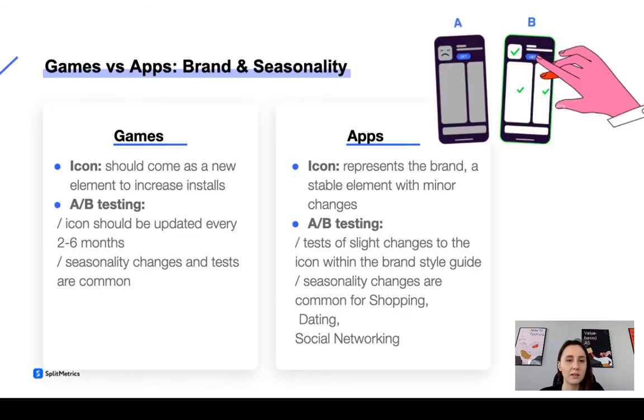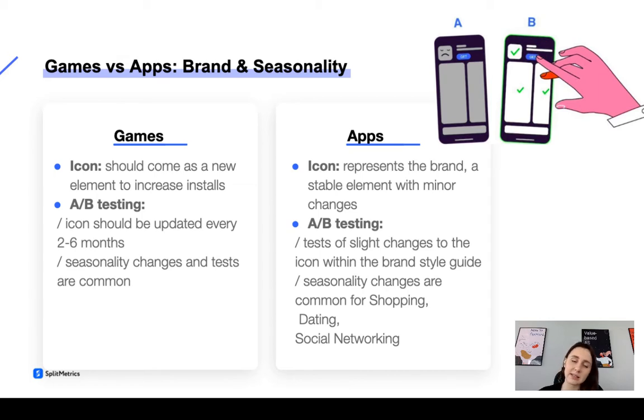So now let's compare games and apps in terms of the importance of being recognized. In comparison to apps, games are installed and uninstalled more often. So for games, it's more important to come across as a new game to the App Store visitor.